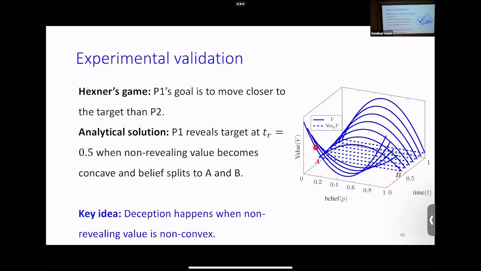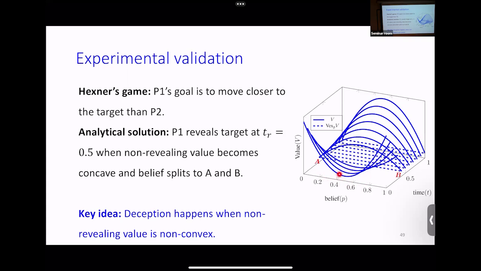From a value perspective, since this one has an analytical solution, if you look at the value function, this is a value function in belief space over a long time. You can see before roughly 0.5 second, the value is convex, meaning that in this region, regardless of where the belief is, player one should be playing non-revealing.